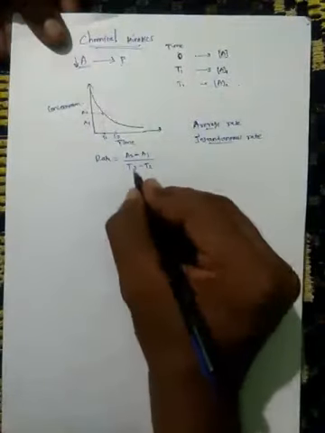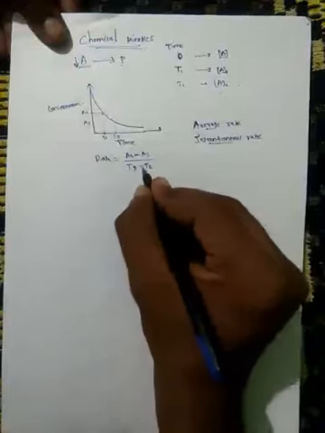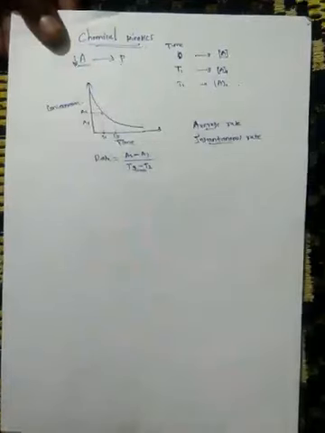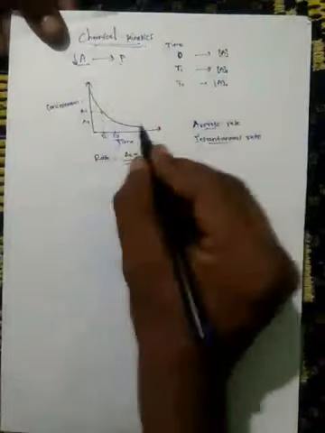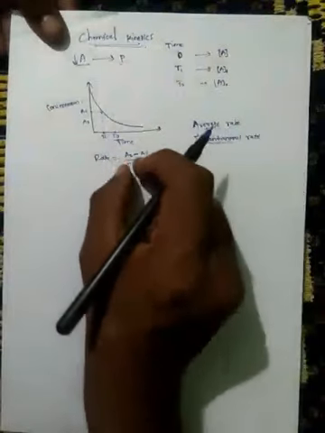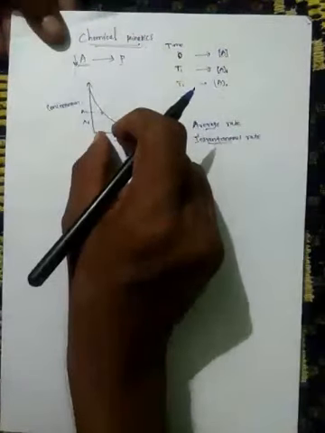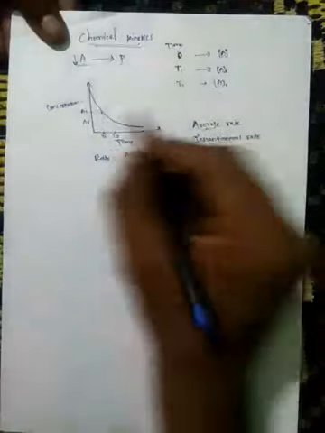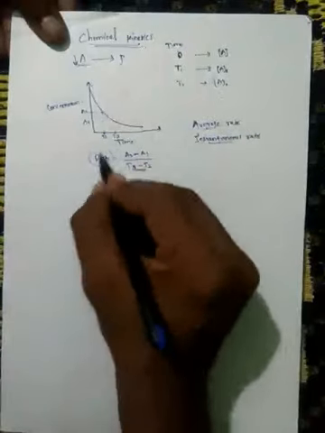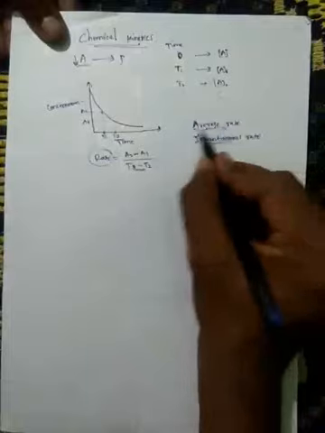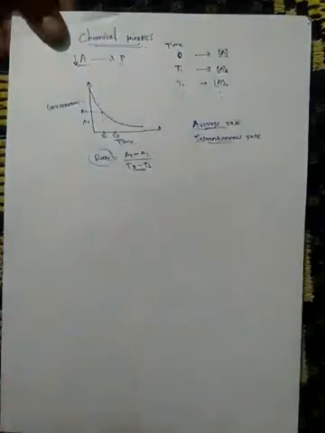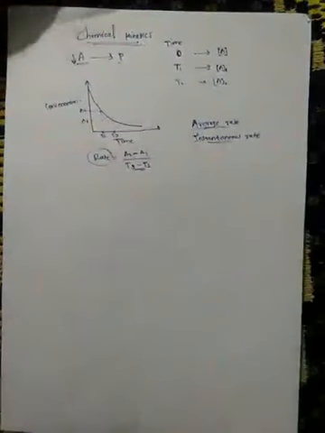So this time interval matters. If the time interval is large, then the rate is said to be average rate. Why?